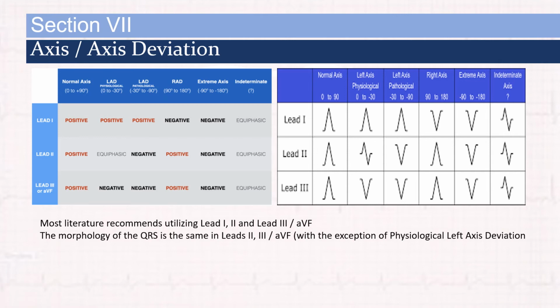If you look at the morphology of the QRS in leads 2, 3, or AVF, with the exception of the physiological left axis deviation, the QRS morphologies are all equal in lead 2, lead 3, or AVF. So, for time management's sake in this presentation, we will be looking at lead 1 and lead 3. We recommend that you delve deeper into axis and axis deviation on your own and find a method that is comfortable for you.